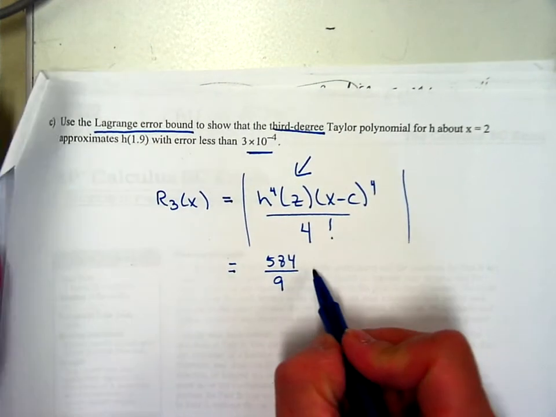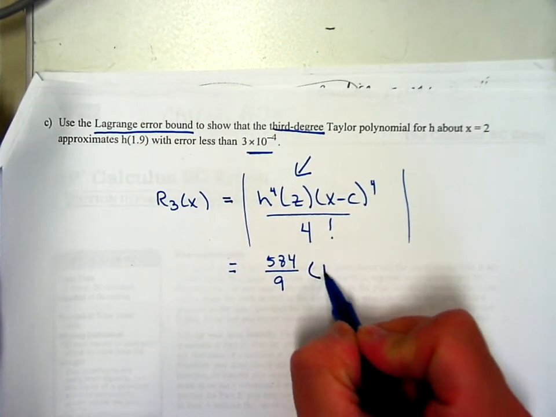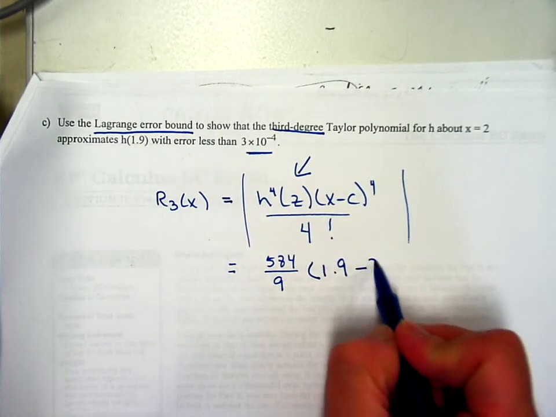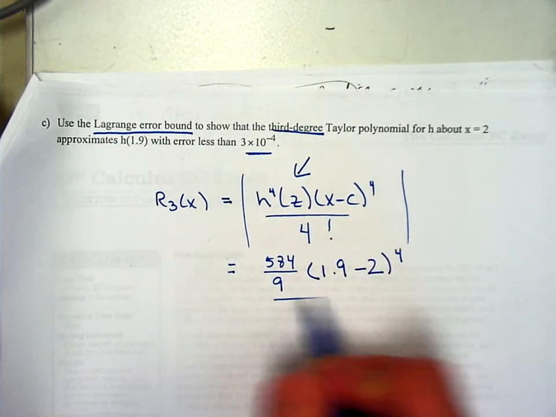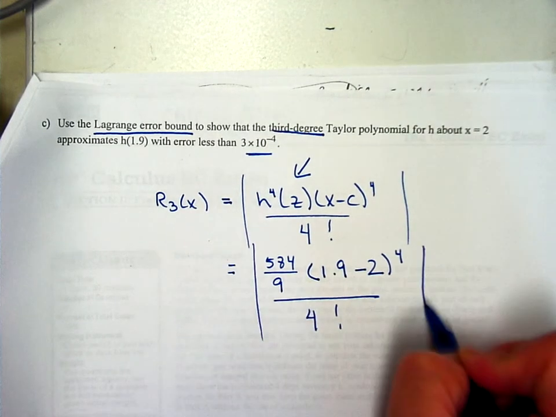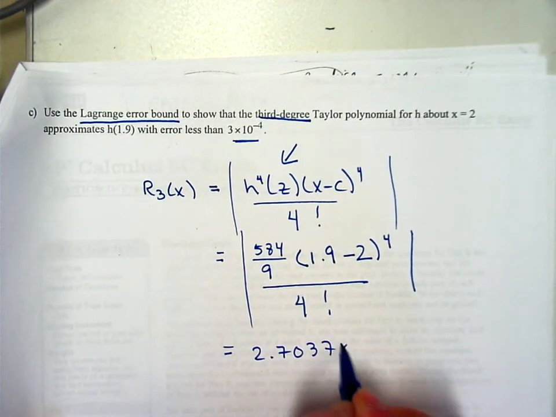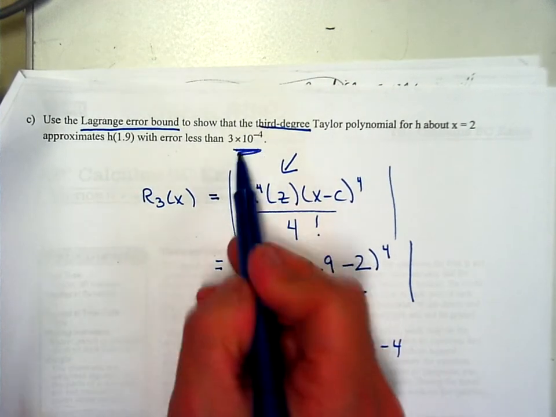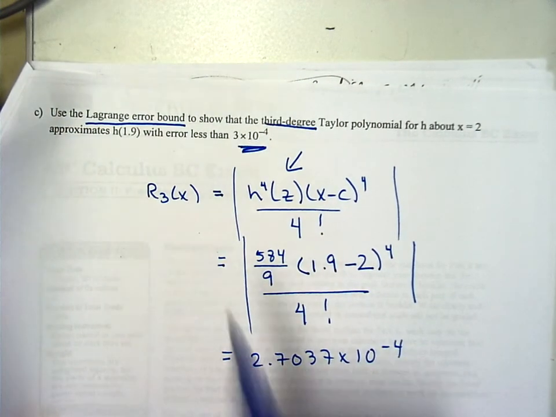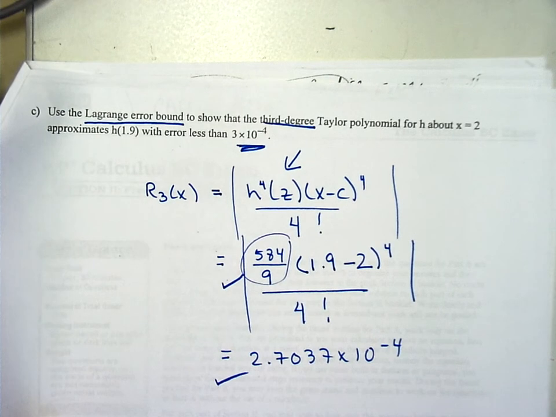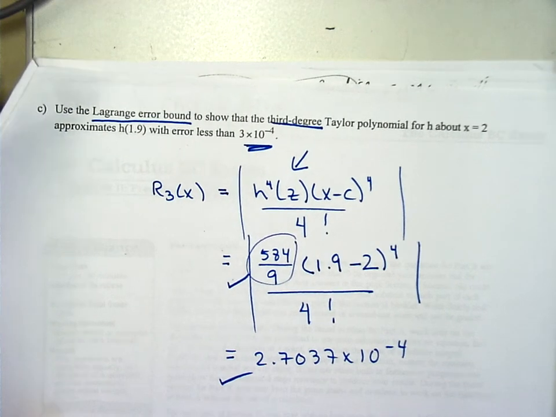And then x is whatever x value they want you to approximate, which is 1.9. c is the value you're centered at, and then 4 factorial. You have a calculator, I can punch this out, and if you do that, this is what I get, and you just check, yes, this is a number less than this value here. It is a point for all of this, using this value correctly, a point for your check that this is less than the 3 times 10 to the negative 4. 2-point question.